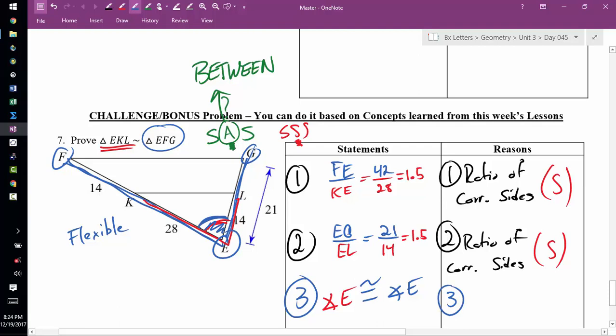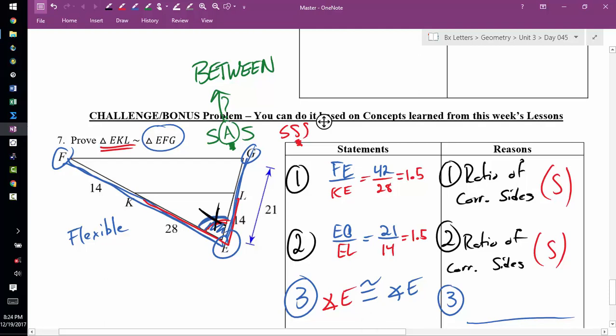And it just so happens that angle is used in both triangles, right? It's the in-between angle in the smaller red one and the similar larger blue one. When you go to give a reason, you can't say given because they didn't give you the congruent marks. I'll say X marks the spot, that this angle in the red is the same as the angle in the blue.